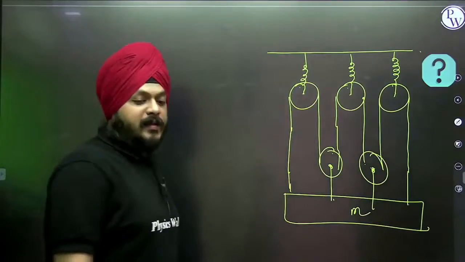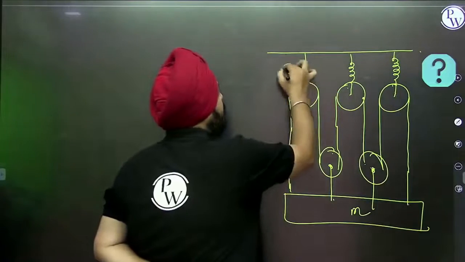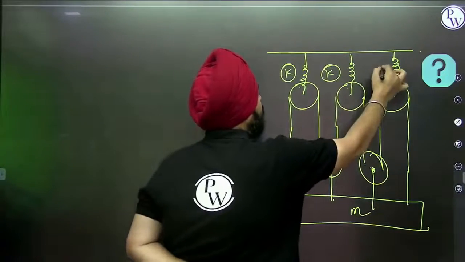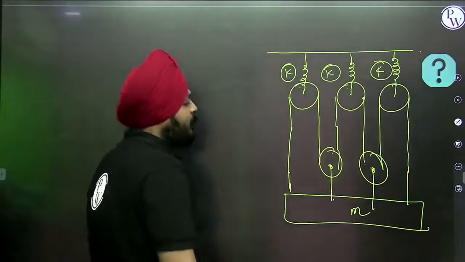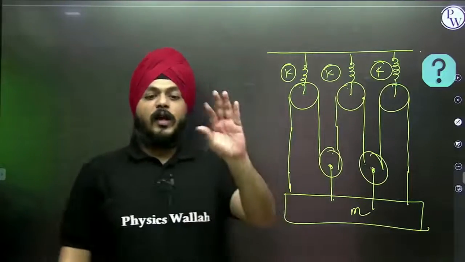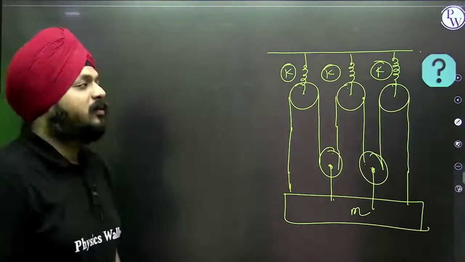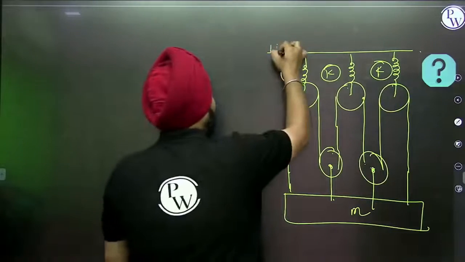Suppose this arrangement is given, this is K, this is K, this is K. Suppose a gentle push is given, we need to calculate the time period for the SHM of this block. A most weird arrangement, right?